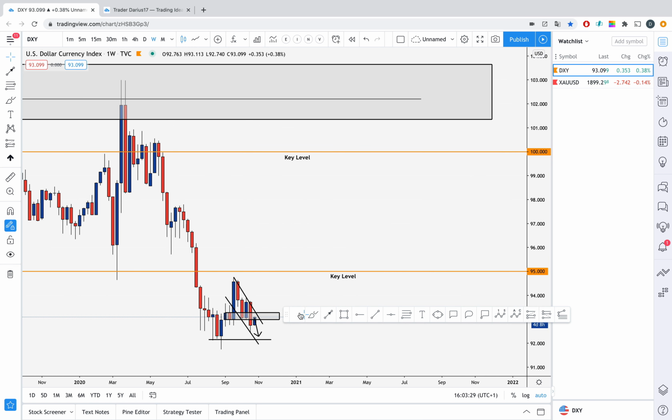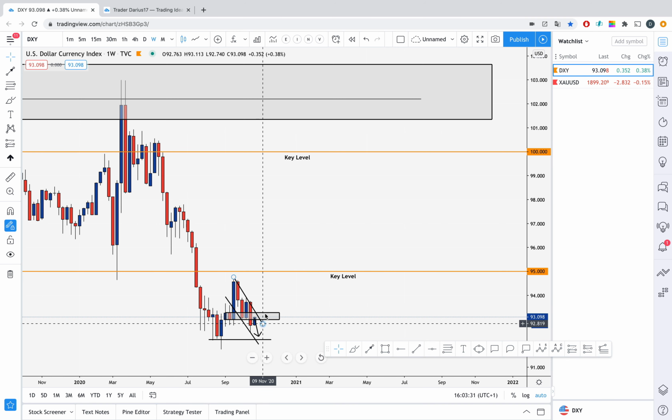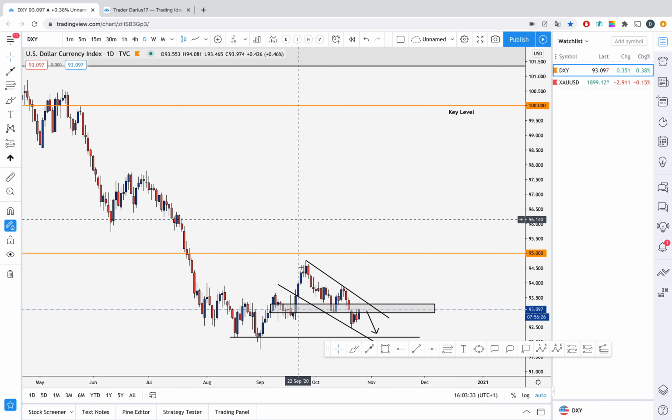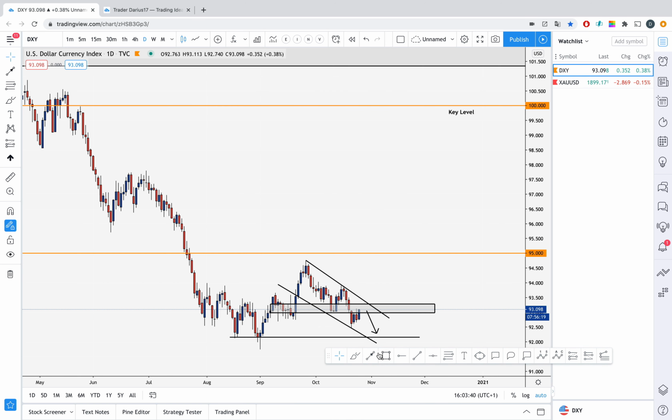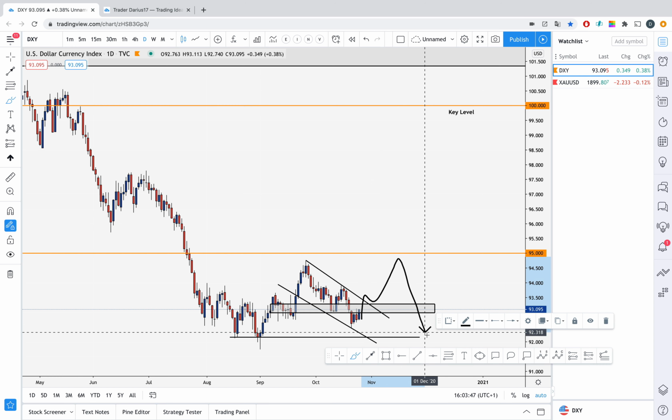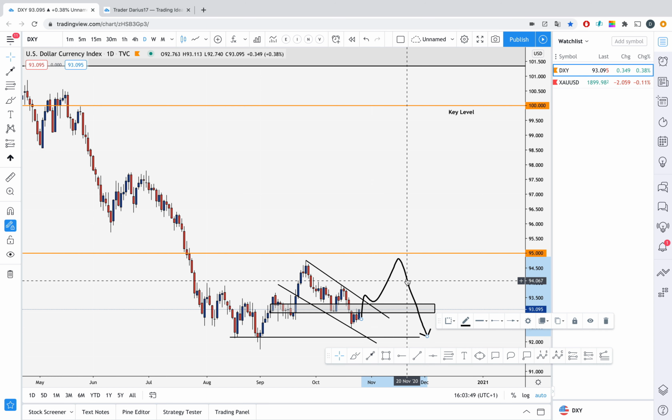But this does not mean that the price cannot actually come one last time to the upside, because also this movement right now to the downside can be viewed as a corrective pattern, meaning that the price can still give us movement like this and then drop. This is also possible.